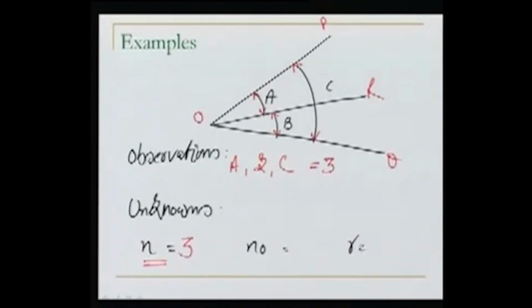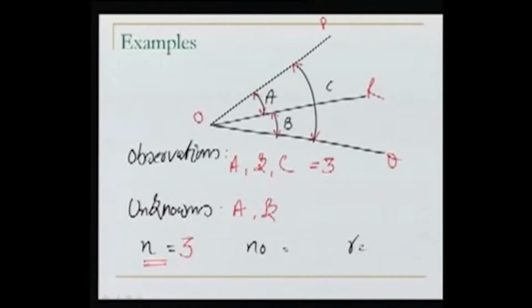The desired things are angles A and B. I am writing A hat and B hat to differentiate them from the observations A and B. These are the unknowns, the parameters which we want to determine for this model. We need a minimum of 2 observations to find a solution for this problem, so the redundancy r is 3 minus 2, which is 1.